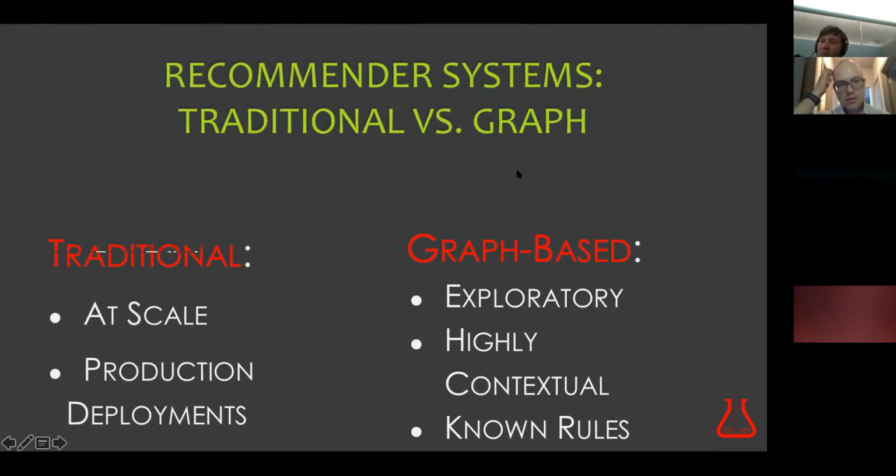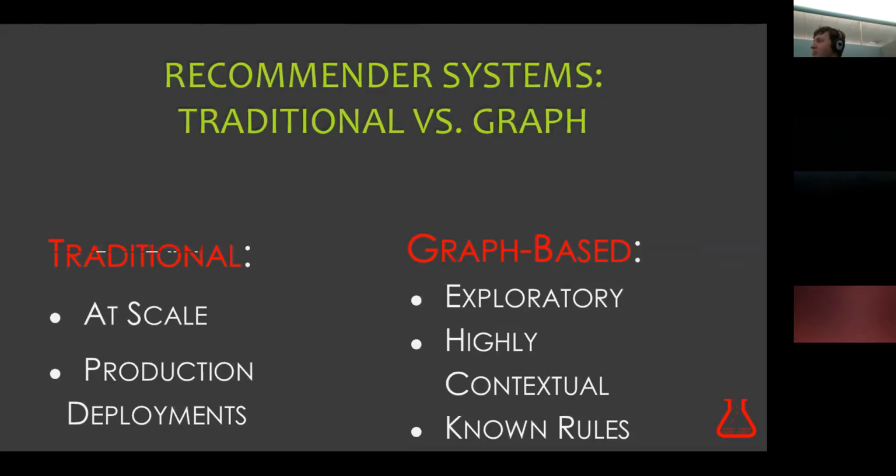There we go. So some of the applications of graph databases, recommender systems comes up often. And in a traditional recommender system like Amazon's recommender system, where it's dishing out tens of thousands of recommendations every hour, that's something that you would want to do at scale with a traditional recommender system.